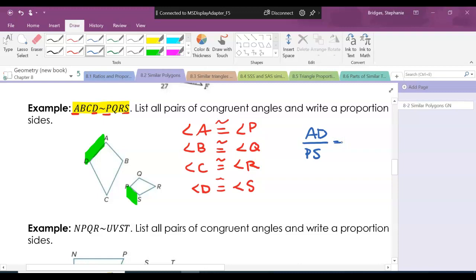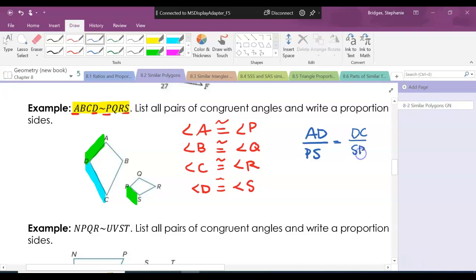And then I'm just going to pick another side out of my figure. It doesn't matter which one. Let's do DC. Okay, DC has to go on top because it is in the same shape as AD. And what side would be in the same place as DC? Look at your similarity statement. What two letters are in the same place as DC in the other figure?